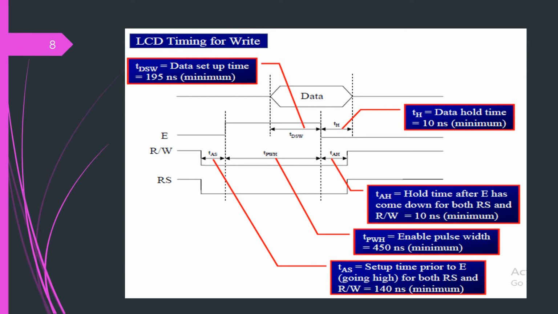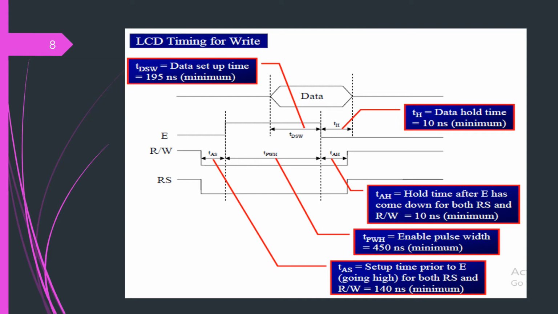Display on/off control: altogether the display is made on or off. This setting covers the on/off of the entire display, cursor blinking, everything, and it takes approximately 40 microseconds. Then cursor or display shift moves the cursor and shifts the display without changing display data RAM contents, which also takes 40 microseconds.